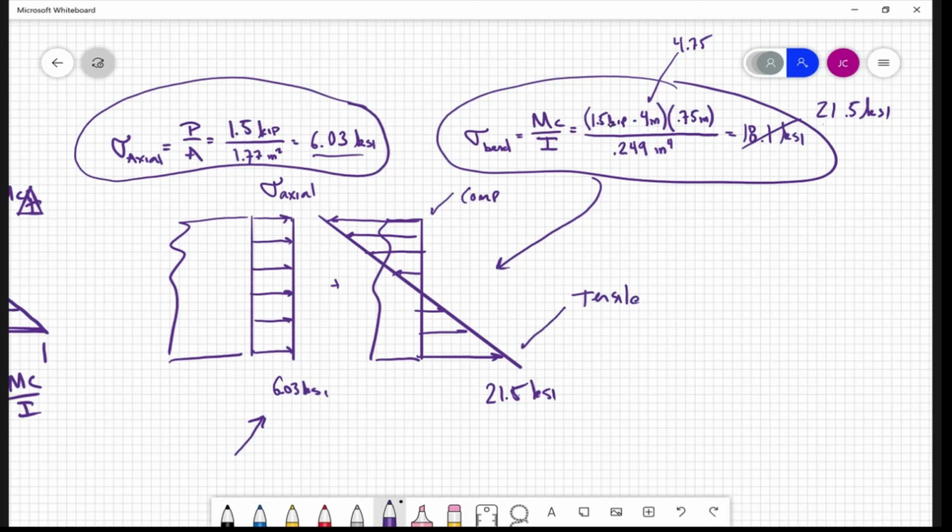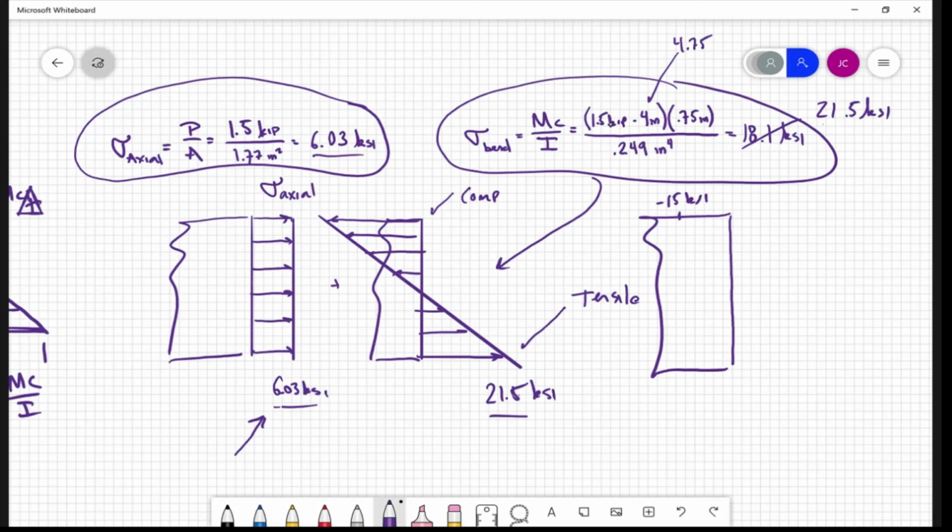So when you add those together, at the top we're going to have 6.03 minus 21.5, which is negative 15, right? So here we're going to be at negative 15 KSI. And on the bottom, the 6.03 adds on to the 21.5.